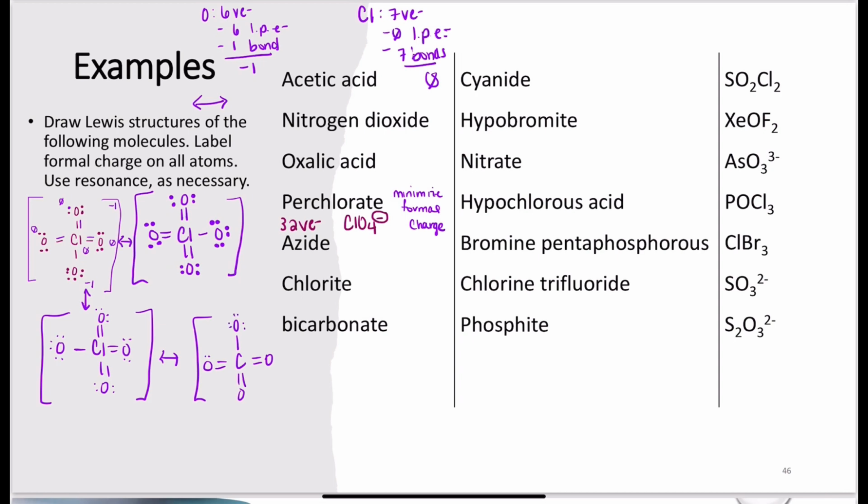These are all completely equivalent resonance structures. All have minimized formal charge to the best of our ability. They all contribute to the overall true resonance hybrid. Go ahead and pause if you need to write all of that down.